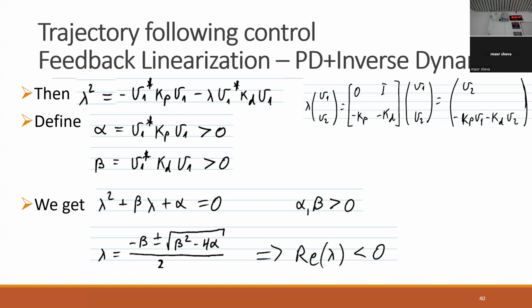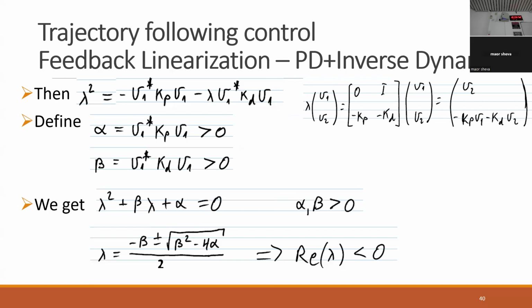Now we define two values, alpha and beta. Alpha is V1 conjugate transpose Kp V1, and beta is V1 conjugate transpose times Kd V1. And if Kp and Kd are positive definite matrices, which have positive eigenvalues, then alpha and beta are strictly positive, for every V which is not zero. And V1 is not zero, because we set the length of V1 to be 1.